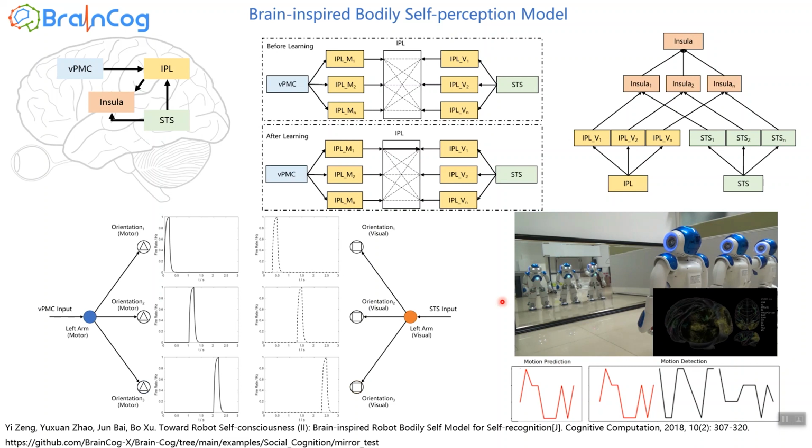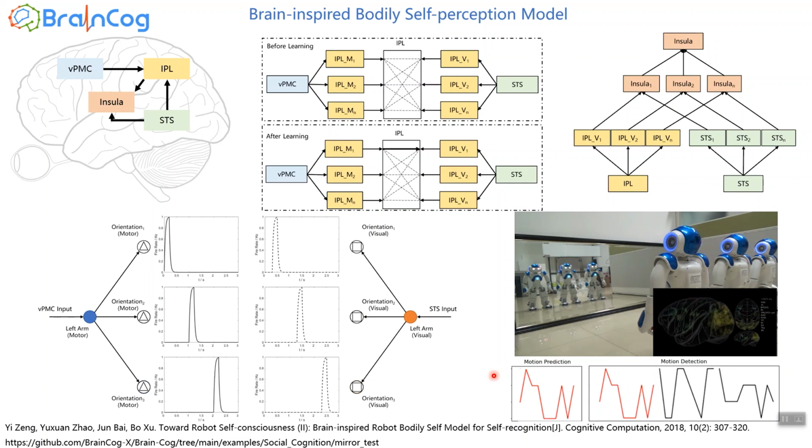Based on STDP and the discharge time difference between IPLM and IPLV, the model relies on motor visual associative learning. Finally, a multi-robot mirror test is simulated. After training, the robot outputs the predicted visual motion track in the IPLV based on the self-motion track output by the VPMC.